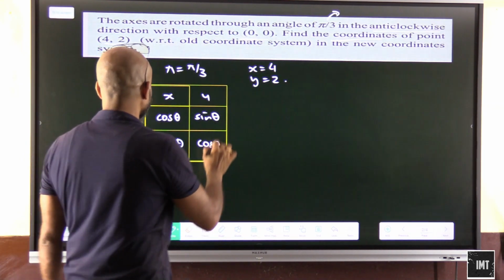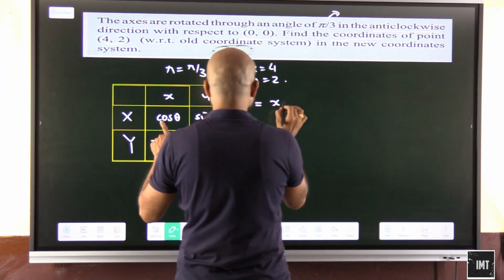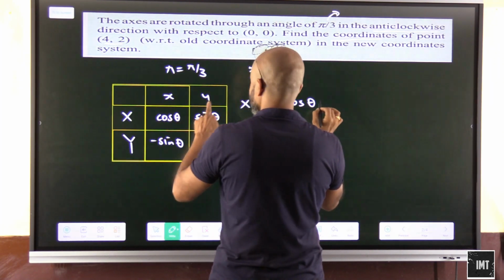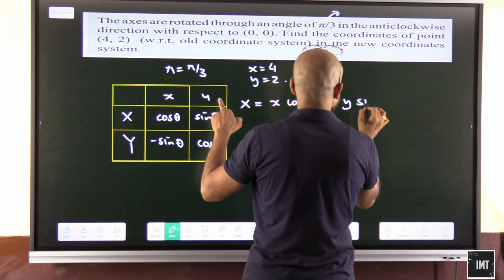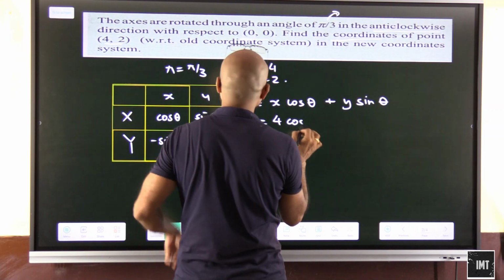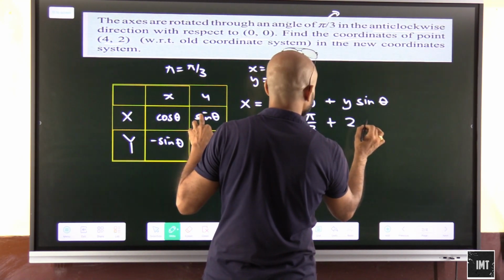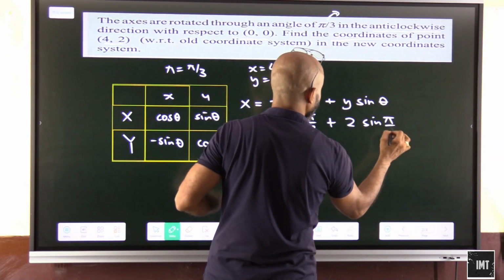So we can say that capital X is small x cos theta plus y sin theta. So this is going to give you 4 cos pi by 3 plus 2 sin pi by 3.